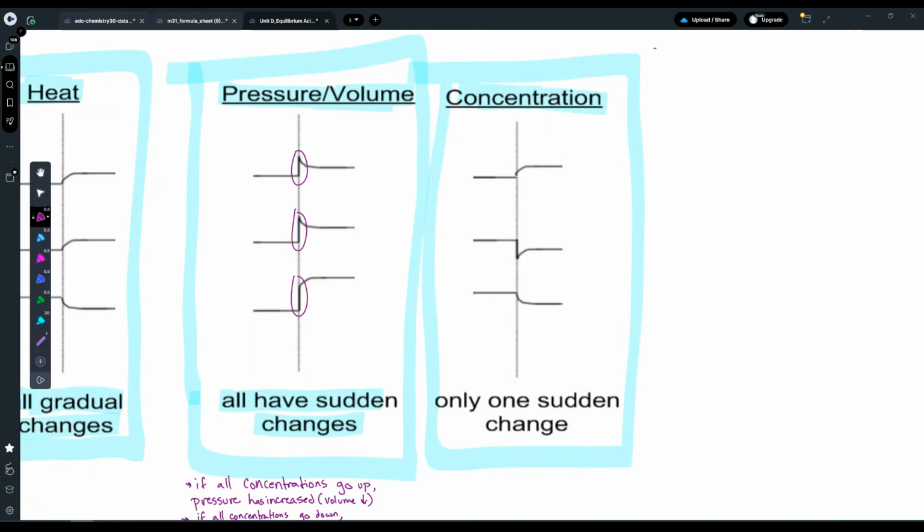So for changes in concentration, you're going to be looking for one sharp increase or decrease, and everything else is going to be a gradual increase or decrease.